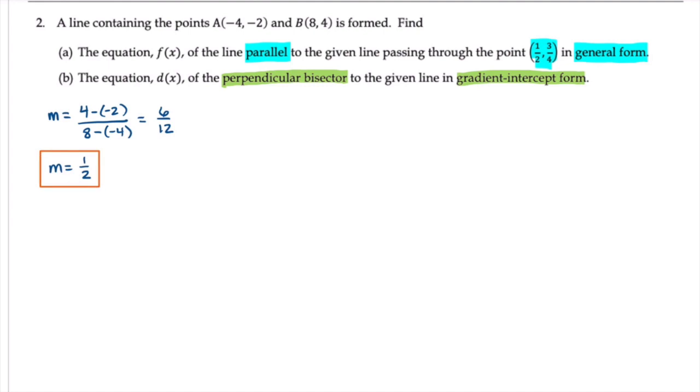Now that I found the slope to be 1/2, I am going to start with part A, which deals with the parallel line to the given points A and B, going through the given point (1/2, 3/4). We are going to write it in general form. I'm going to start off by writing it in slope-intercept form and changing it from there.